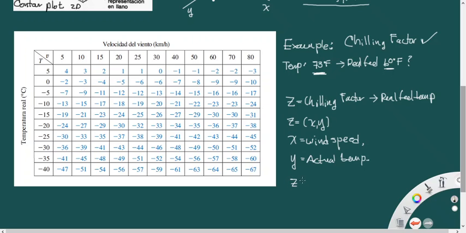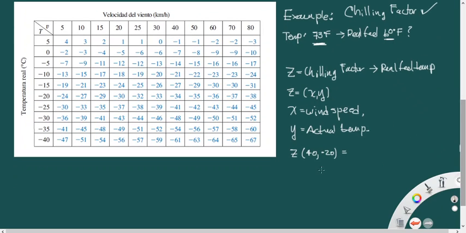So if you want to say, for example, C of 40 comma minus 20, this is the value for the x variable and the value for the y variable. We have a combination of variables if we want to know what the value of z is at those values of y and x. Let's say this is 40 for the wind speed and minus 20 for the temperature, and that is equal to minus 34.